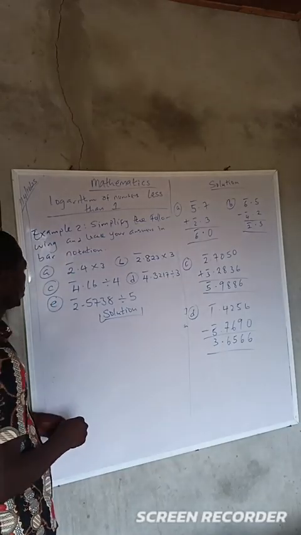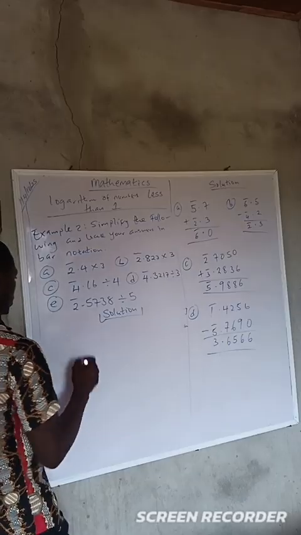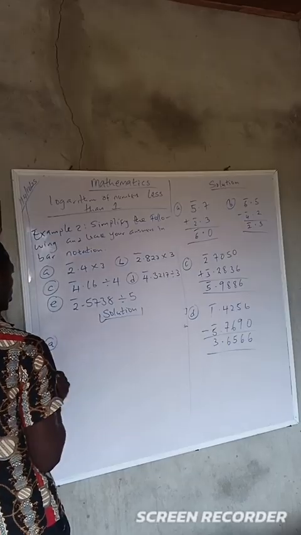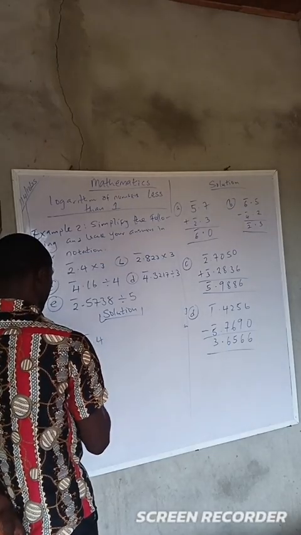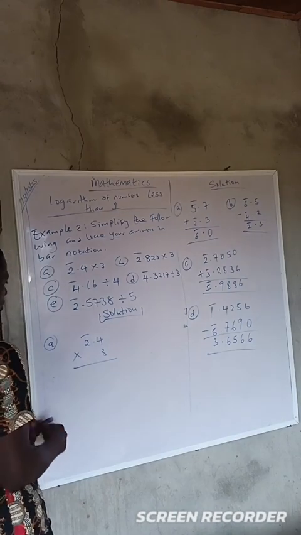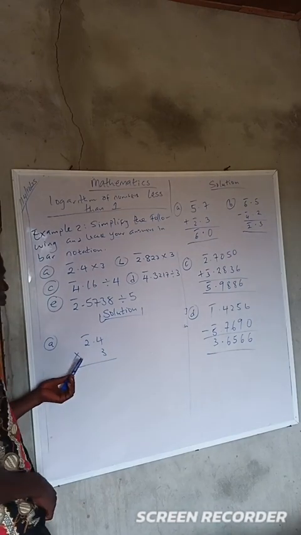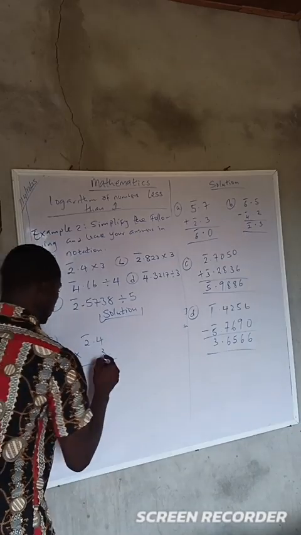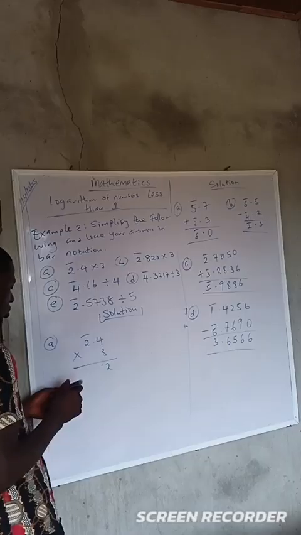Now the first one is just like your normal multiplication. You have bar 2.4 times 3. Alright, 3 times 4, that's going to give us 12. We are going to write 2. We carry the 1 point.